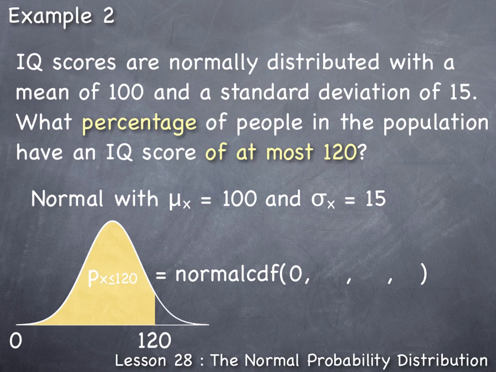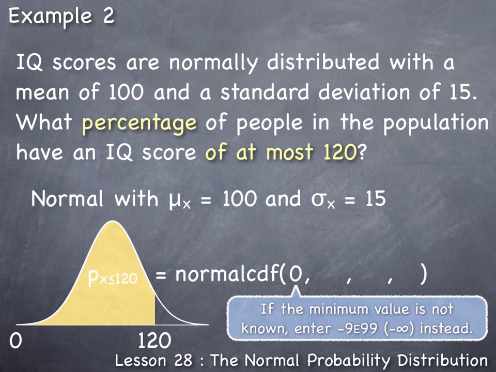Now, we use 0 as the lowest IQ score. But if you didn't happen to know what the lowest IQ score was, to be safe, we just have to enter the absolute lowest number that we can in the calculator. And the absolute lowest number that we can enter in the calculator is basically close to minus infinity.